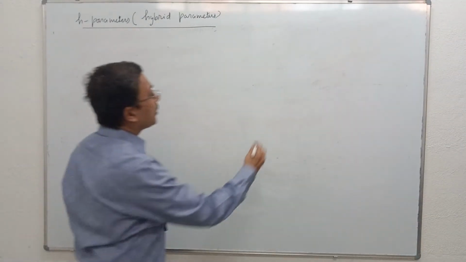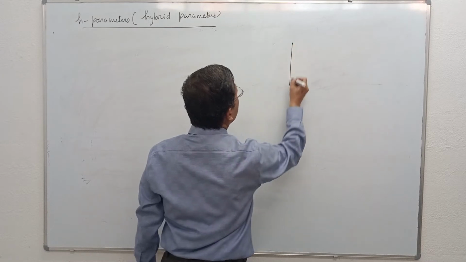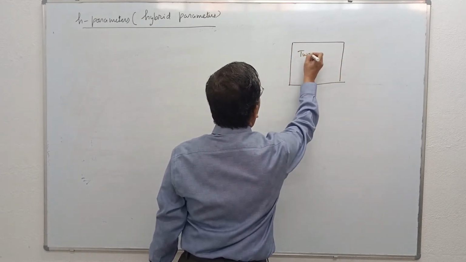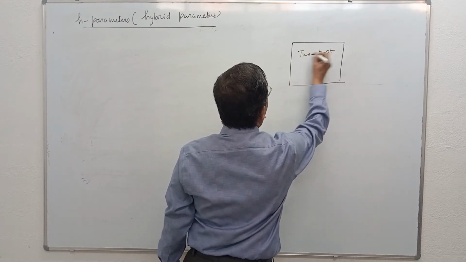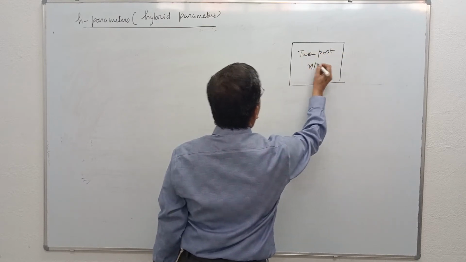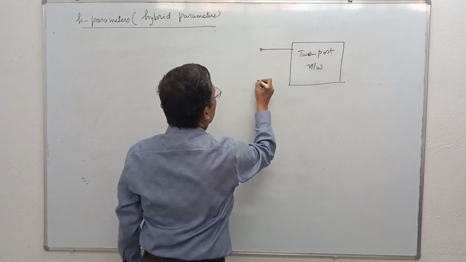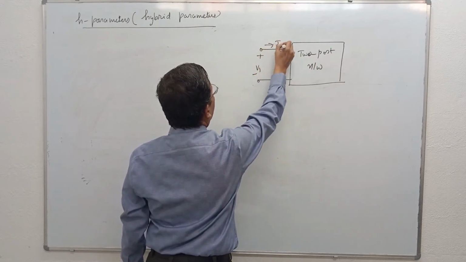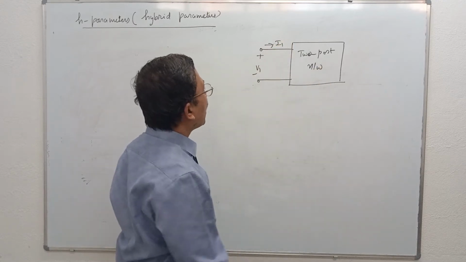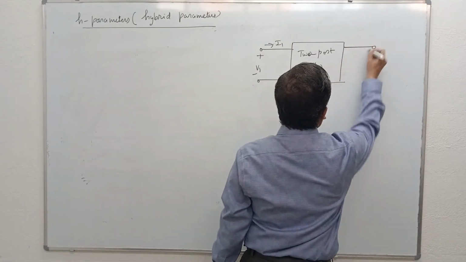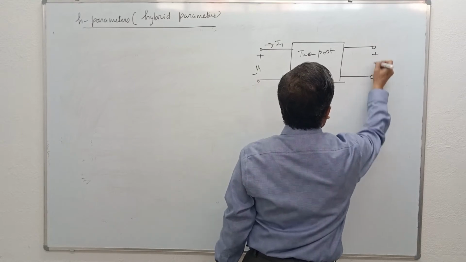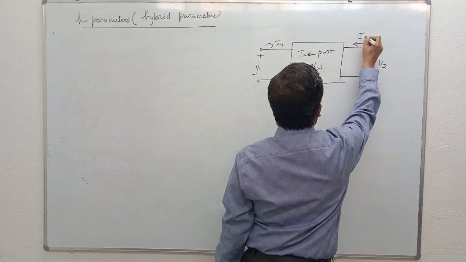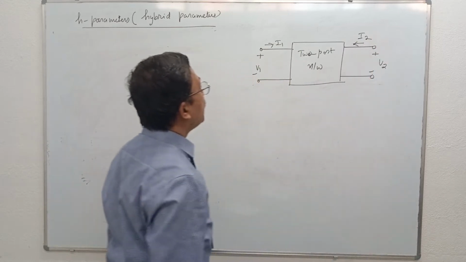Let me take again the two-port network. Input port has the voltage V1 and the current into the network is I1. Output port has the terminal voltage V2. Current entering the two-port network is I2.